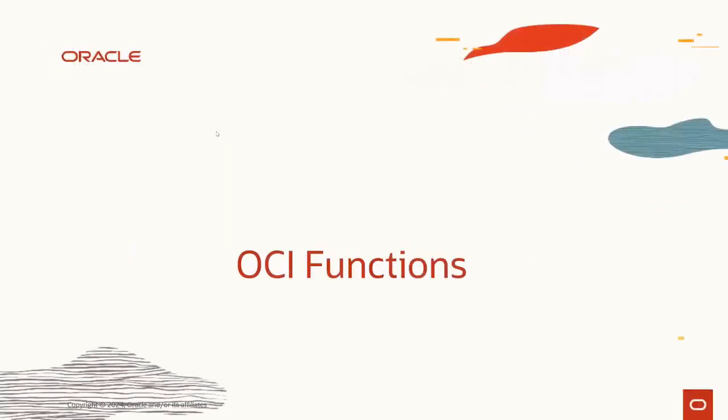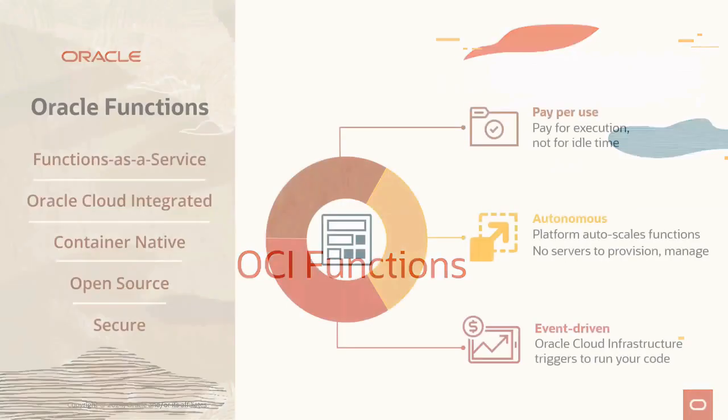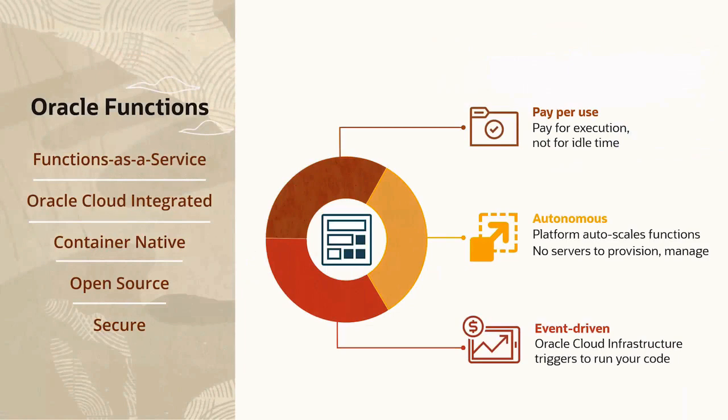All right. So with that, let's peel back the layers of the onion and talk about OCI Functions a little bit. Functions is essentially a managed service. So it's integrated into our cloud ecosystem, like a lot of the other services we've talked about, allowing you to not only apply fine-grained access control with identity and access management, but also trigger functions or communicate with other services from inside that ecosystem. This is based on open standards for container native.